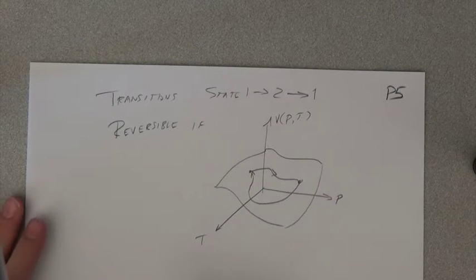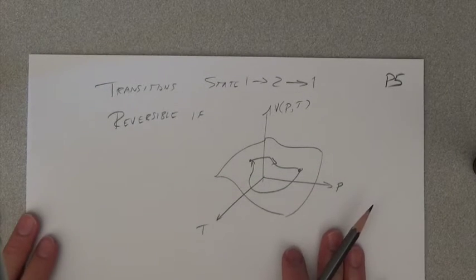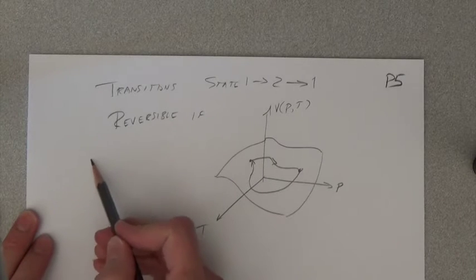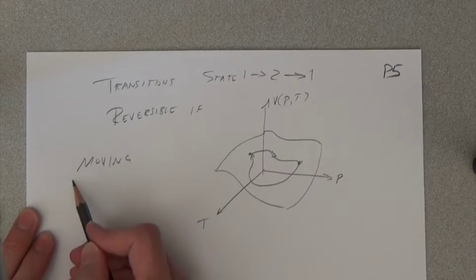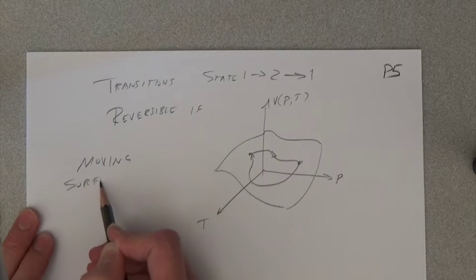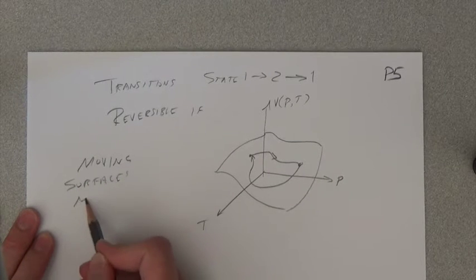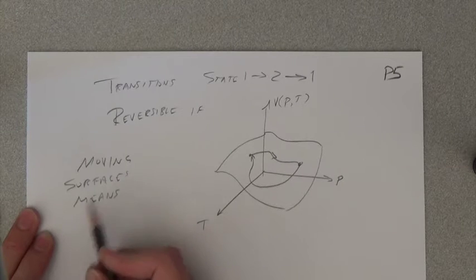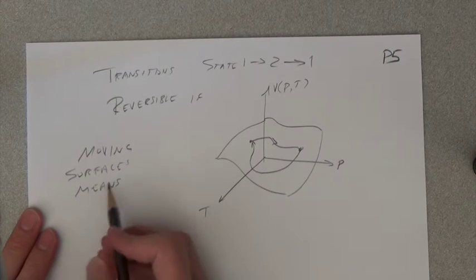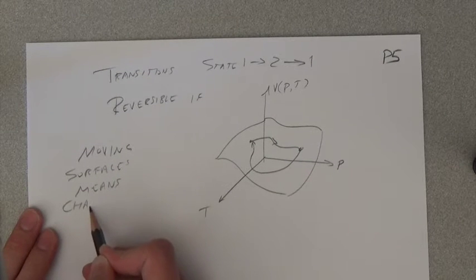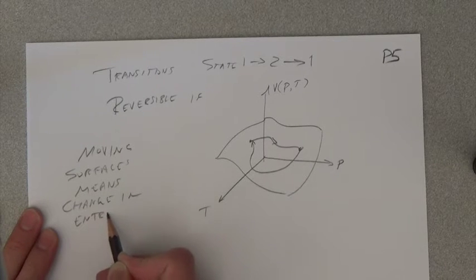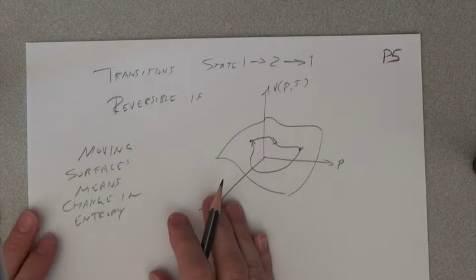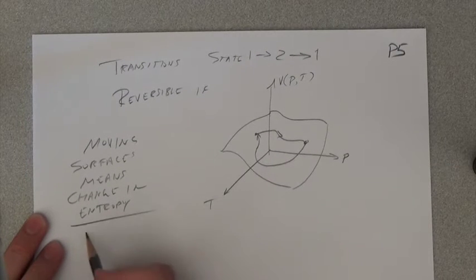And to foreshadow what this means, moving surfaces means change in entropy. And it means that it's irreversible.